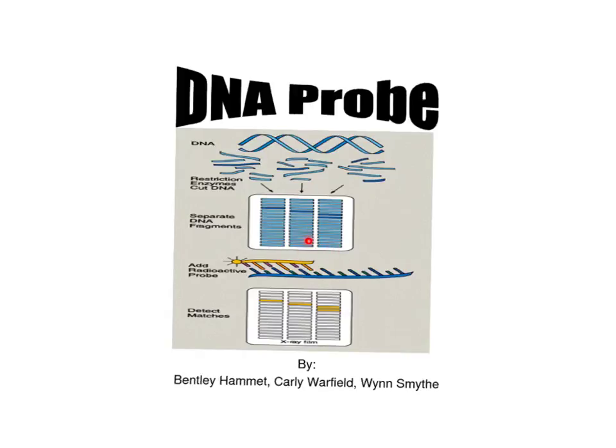And then I introduce my probe and wash it over my fragments, and it will bind specifically to the gene that I'm looking for. So this probe has specifically bound here, here, and here, which tells me that those are positions where I would find my gene, in this case, insulin. So I know these are genes for insulin.